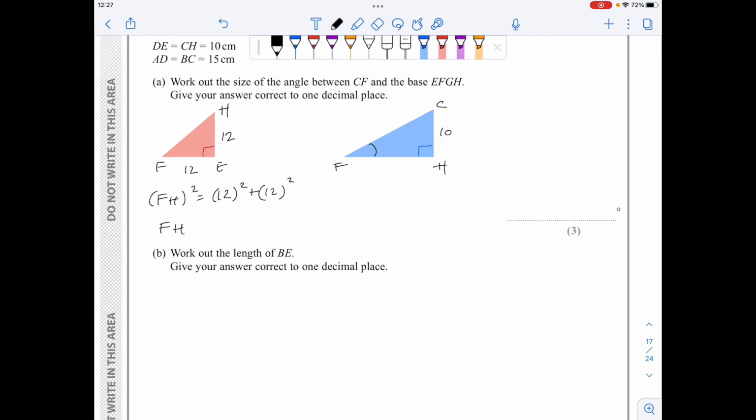So FH is the square root of the right hand side, which comes out 12 root 2. Let's put this here. And then I can find the missing angle by using tan of F equals opposite over adjacent. So F equals inverse tan of this number, and this will give me 30.5 degrees to 1 decimal place.